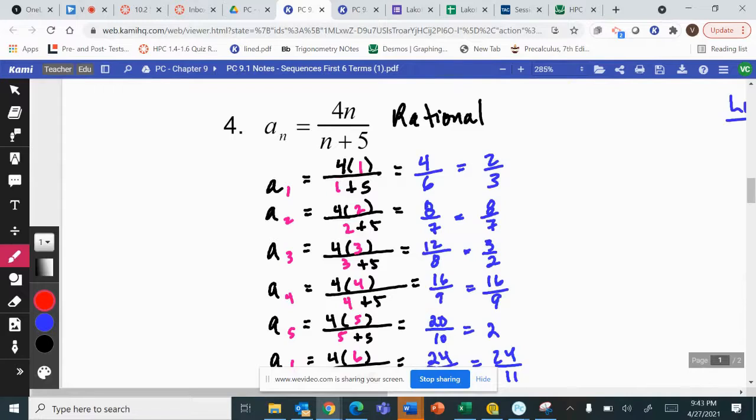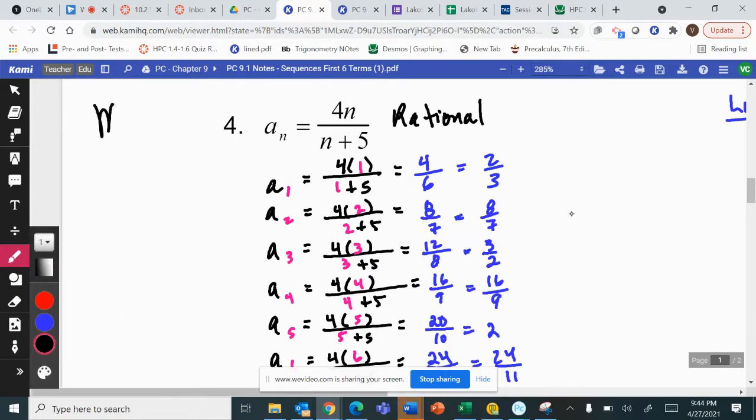Okay, so I went ahead and I filled out the first 6 terms of the sequence, and some of them I had to reduce because they're fractions, and sometimes fractions reduce. What I want to call your attention to is the majority of this chapter is not finding the first 6 terms.